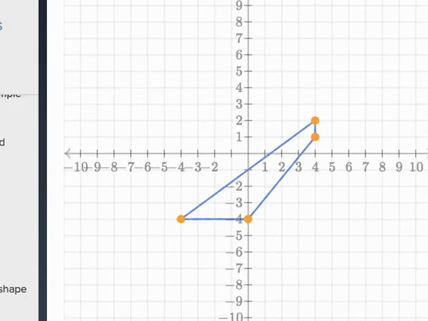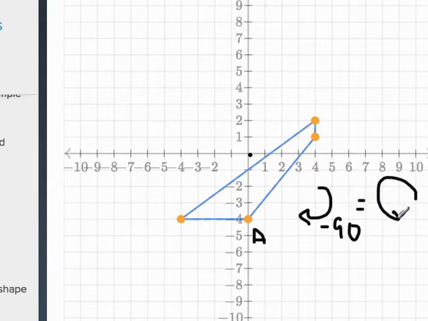So again, we have to assume the center is 0. So if I just take any of these points, let's say this guy right here, and I'm choosing it specifically because it is on an axis. If I'm going to rotate it 90 degrees clockwise, so negative 90, because negative 90 is the same thing as 270 the other way, and then I map out that 90.